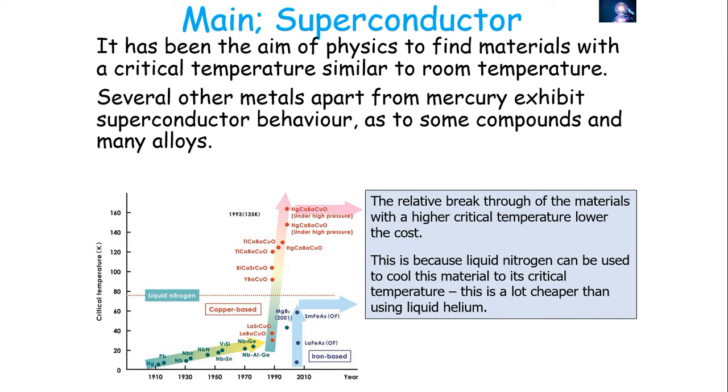The breakthrough of the materials with the higher critical temperature is important because it lowers the cost of producing a superconductor, because liquid nitrogen is a lot cheaper than liquid helium, so the higher the critical temperature, the cheaper it is to produce and the easier it is to produce.